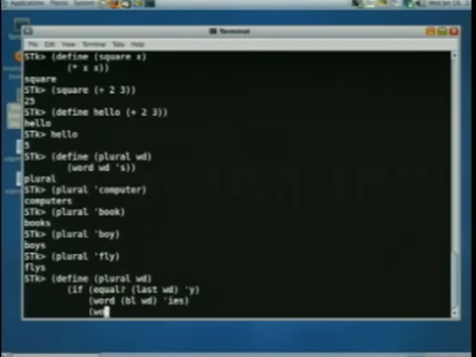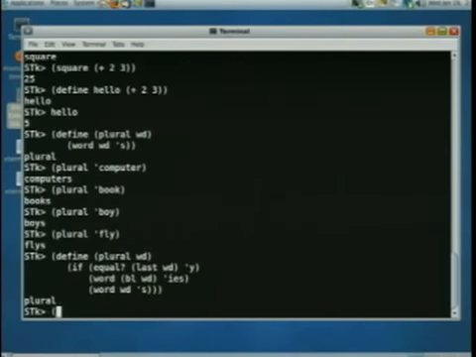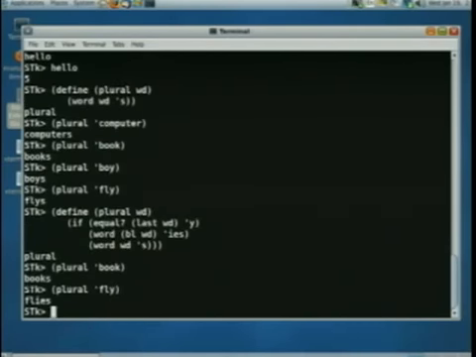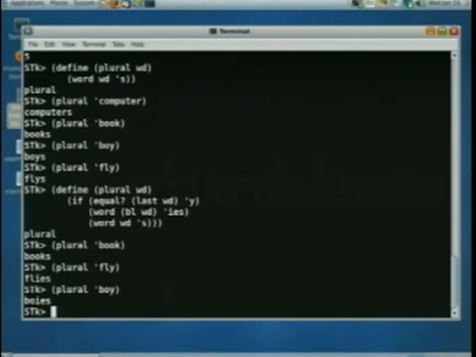Otherwise, same as before, word wd quote S. So book still works. Fly works. But I've broken boy. You're going to fix that in the lab. Okay? If is a special form. Yes?